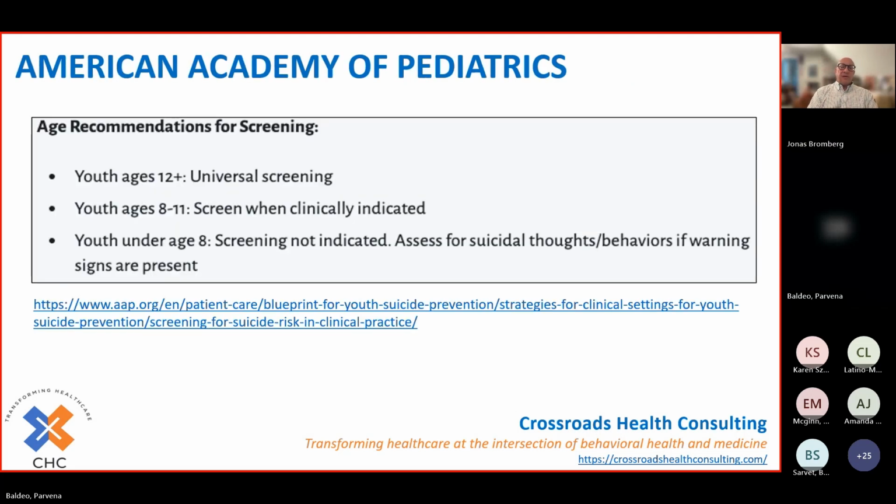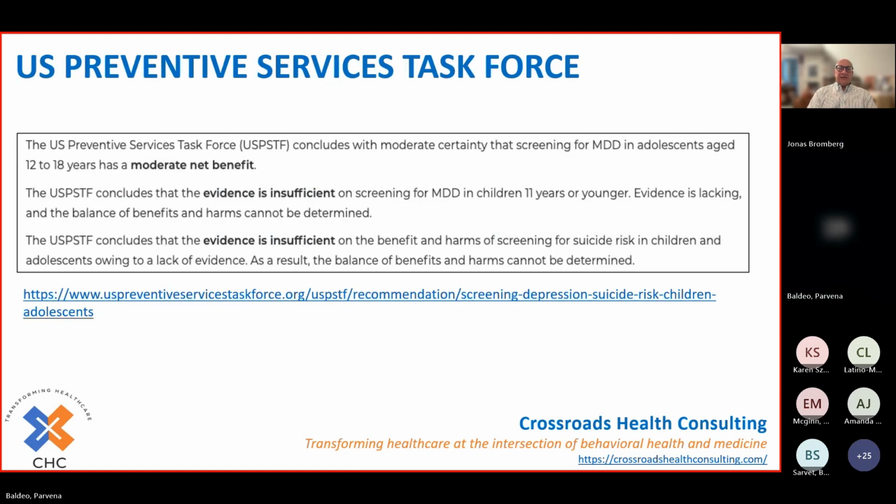Next. You're probably familiar with the American Academy of Pediatrics recommendations for screening. There's a link to the website here. I would encourage you, if you aren't familiar with this material, to access that and look at this in more detail. Next.